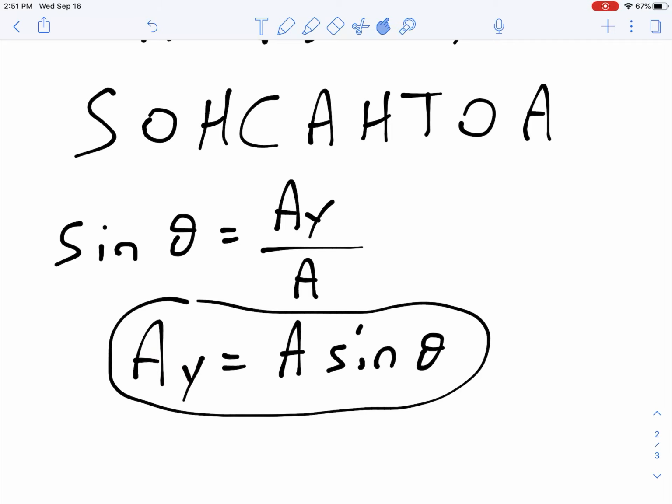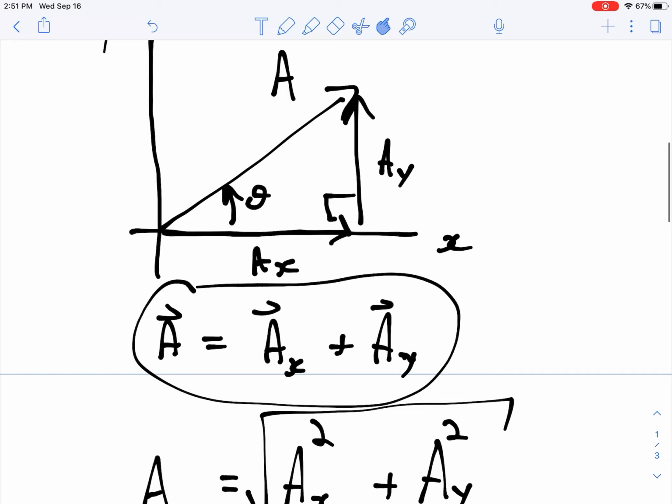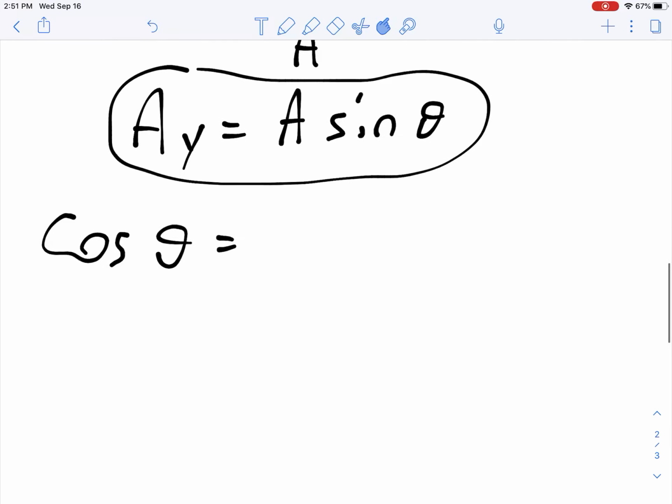If I look at cosine, I can see that the cosine of the angle is going to be the adjacent divided by the hypotenuse, so the x component over the hypotenuse. So that's going to be the ratio of the adjacent to the hypotenuse.